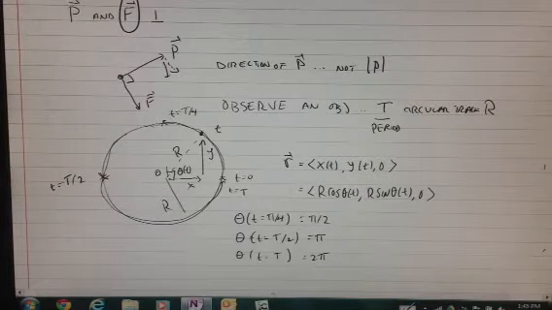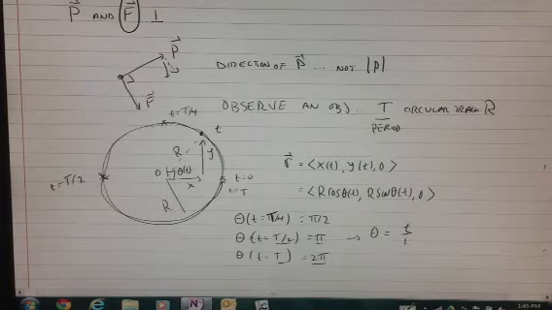The time, period divided by 4, becomes pi divided by 2. Period divided by 2 becomes pi, and the period becomes 2 pi. The angle we're seeking is equal to the time divided by the period times 2 pi. So when the time is equal to the period, theta is equal to 2 pi.